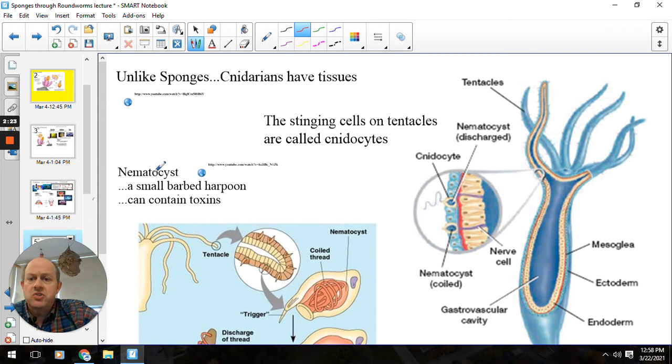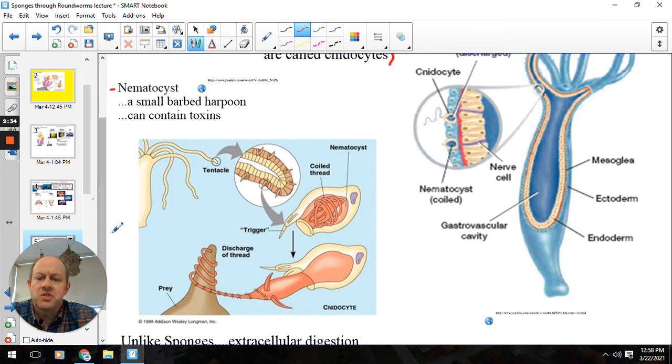We do have tissues, like we said, and that stinging cell is called a cnidocyte. That's the name of the cell. And then the stinging component is going to be the pneumatocyst. This is a pressure sensor. It's going to have a little trigger like a mousetrap. When that trigger gets hit, it will fire out, and this little barbed-wire kind of needle will go into the prey and maybe put a toxin or venom in that would paralyze or maybe even kill.